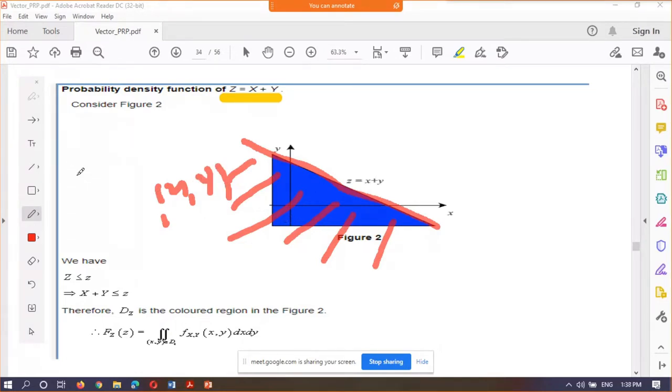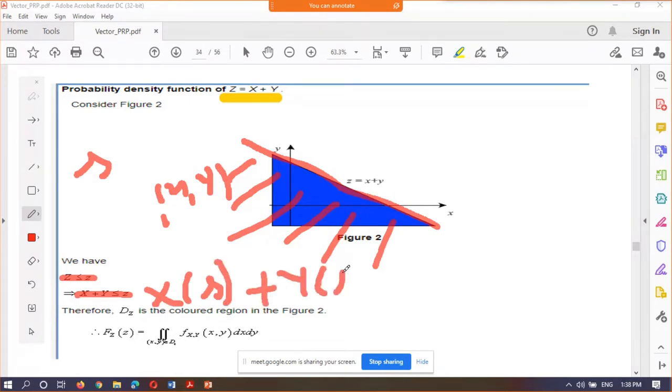We have to find the sample points for which this is true. So this event can be rewritten as capital X plus capital Y is less than or equal to z.